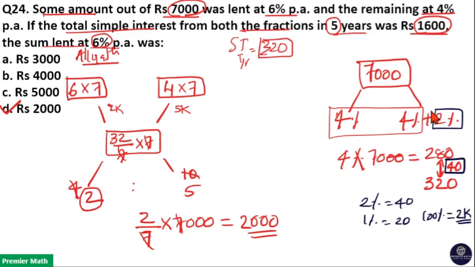So this 2000 is for this 6% part. So sum lent at 6% is equal to 2000 and sum lent at 4% is equal to 7000 minus 2000, that is 5000. So here option D is your answer. Sum lent at 6% is 2000.